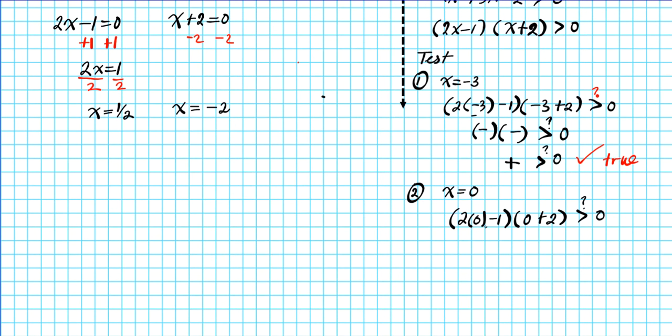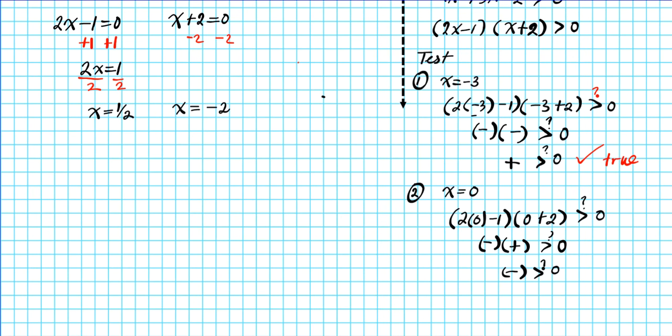So 2 times 0 is 0 minus 1. This will have a negative answer. 0 plus 2, this will have a positive result. Is negative times positive greater than 0? Negative times positive is negative. Is a negative number bigger than 0?